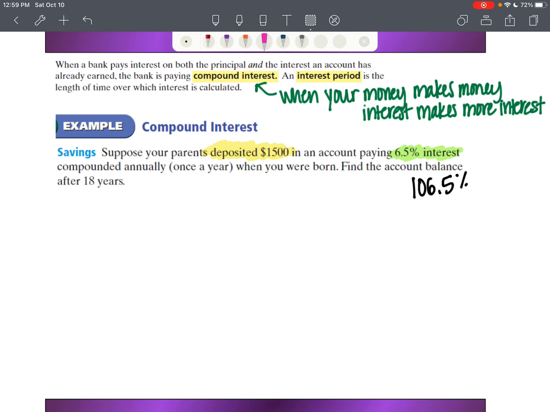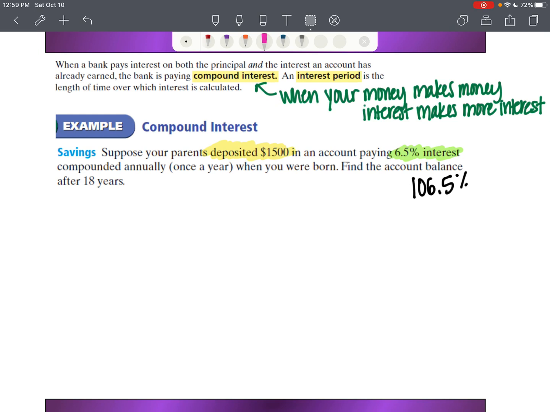So if you do not touch this money, what happens every year is they look at your $1,500 and they pay you 6.5% interest. That gets deposited in your account, and then whatever that amount is, at the end of the year, they look at that total amount and pay you 6.5% interest. So they're paying you more interest each year than they did the previous year.